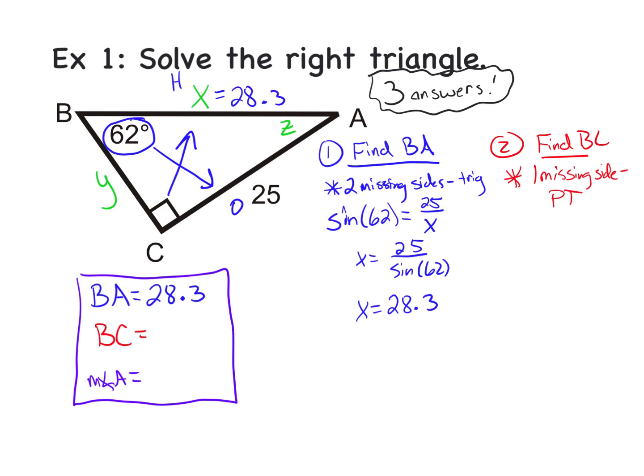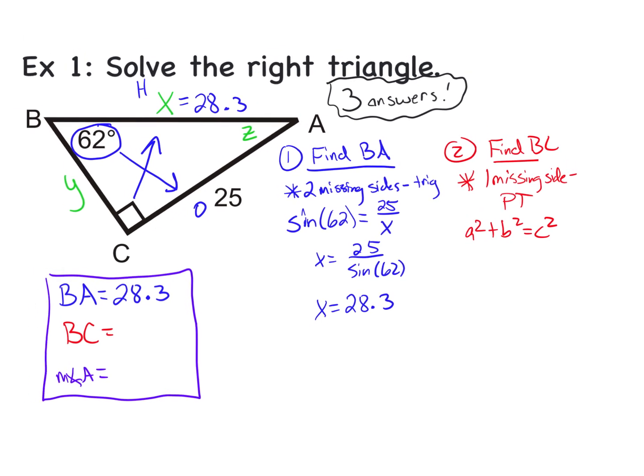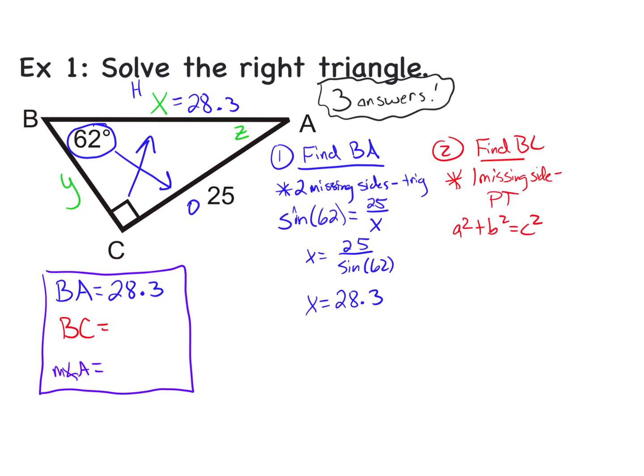Pythagorean theorem. All right, so Pythagorean theorem is simply a squared plus b squared equals c squared. On this triangle, which one is going to be my c? It's the hypotenuse, which is 28.3.